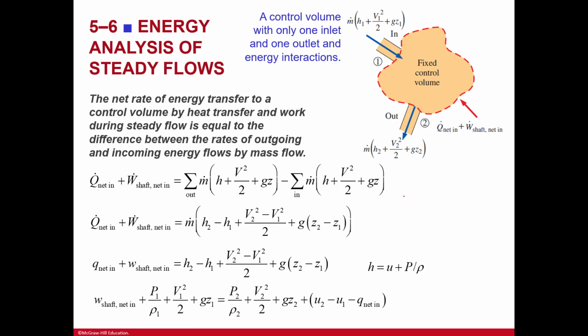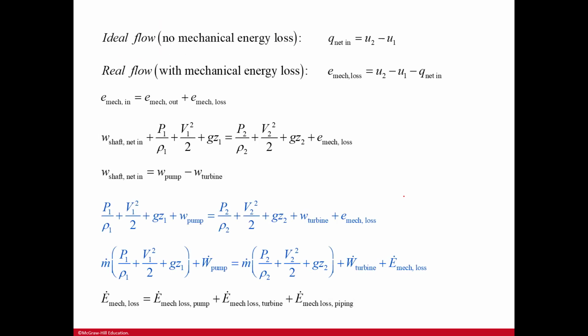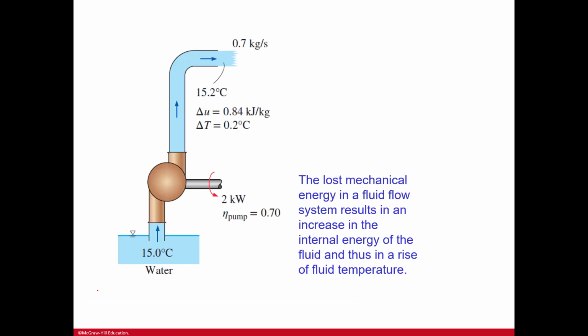So control volume with only one inlet and one exit, but you can still have heat transfer in and shaft work in as well. And then for ideal flow, no mechanical energy loss here. And then for real flow with mechanical energy loss over here. And then you can have it on a rate as well.